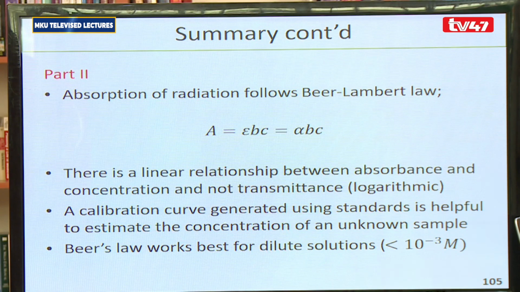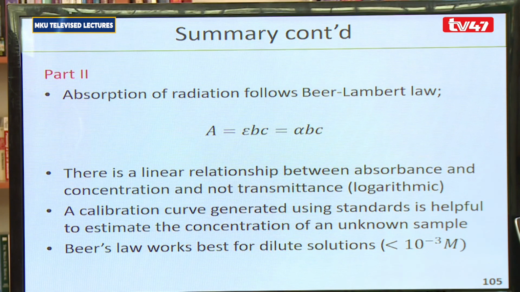Meaning, if somebody gives you a sample from a well and tells you to determine how much iron or how much magnesium or even calcium is present, we can always do this by generating a calibration curve.